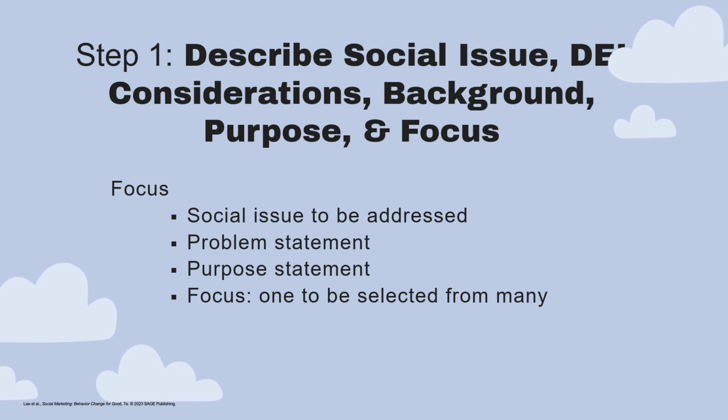Problem statement: this may include epidemiological, scientific, or other research data related to a public health crisis, safety concern, an environmental threat, or a need for community involvement. A purpose statement helps to clarify the benefit of a successful campaign. And focus: select one focus from any factors that may contribute to the purpose.